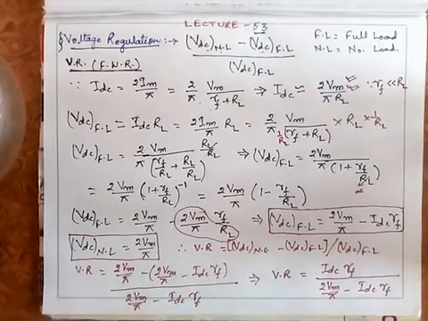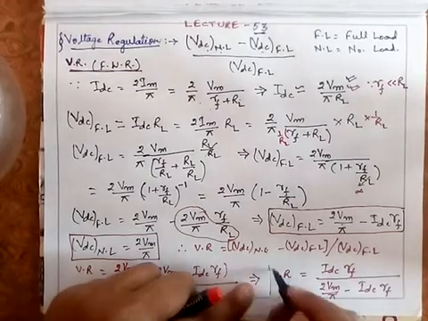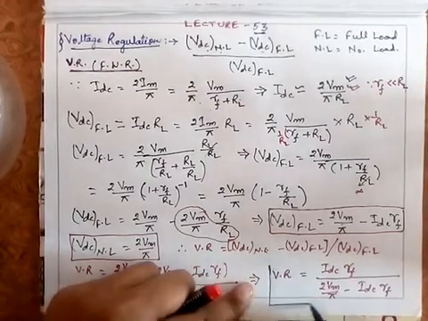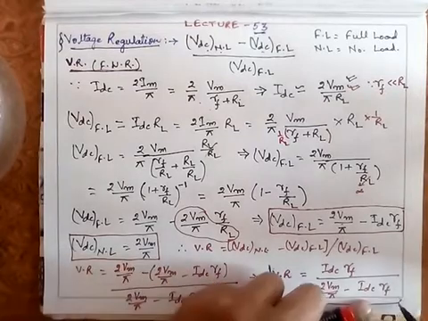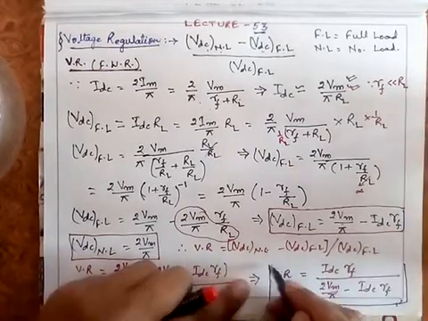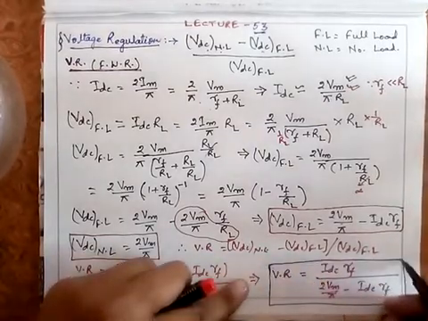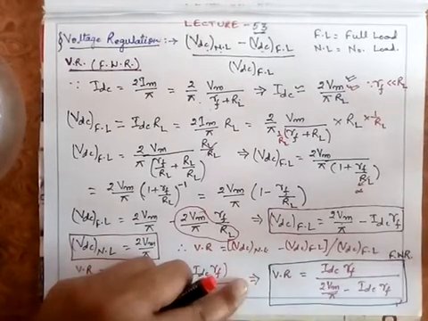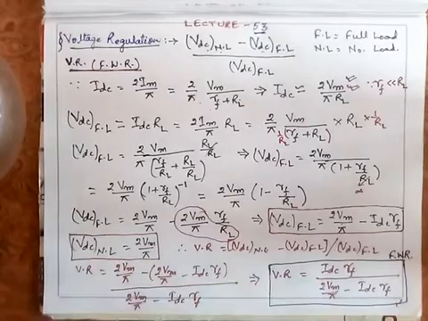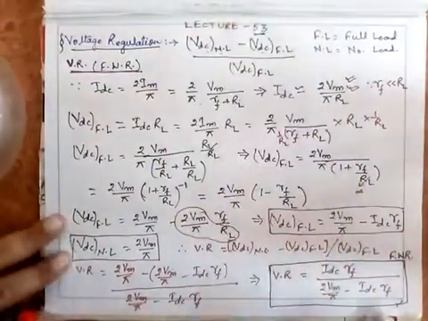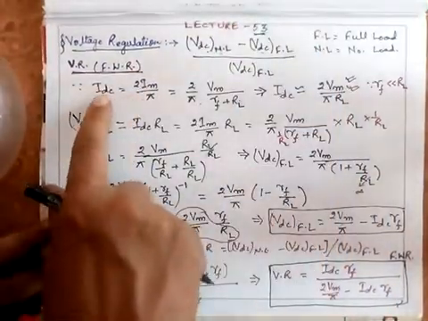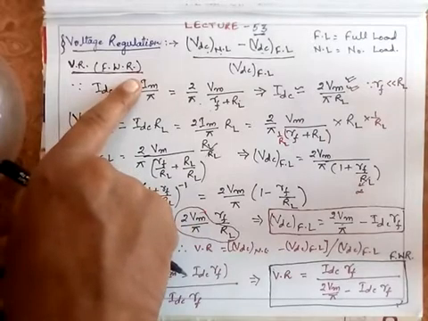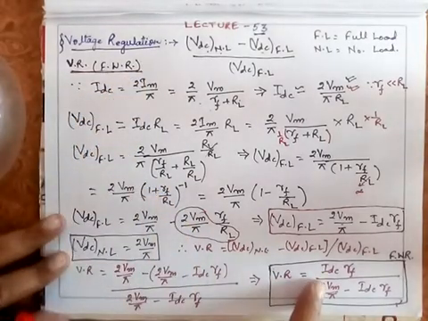This is the voltage regulation of a full wave rectifier. Same thing can be found for half wave rectifier also. You can do it on your own. The only difference here is that IDC will be Im by pi in spite of twice Im by pi. So you'll get Vm by pi here. That is the only difference.